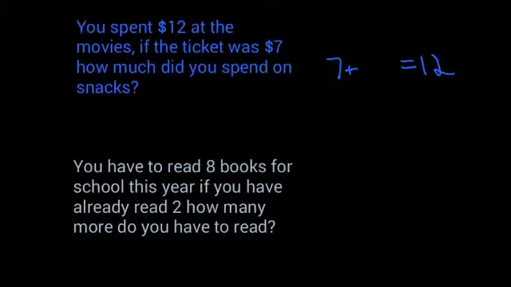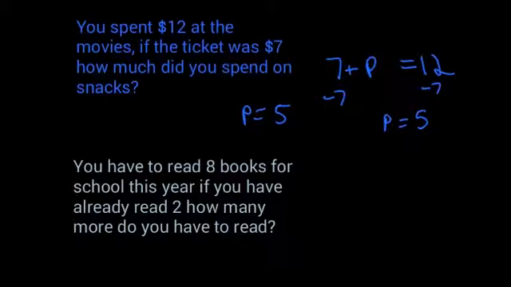So I'm going to use P for popcorn. Let's say we bought popcorn. So 7 plus P equals 12. If you think about that, 7 plus what is 12? Well, 7 plus 5. So P would equal 5. And just to prove that, the opposite of adding 7 would be subtracting 7. And 12 minus 7 is 5.